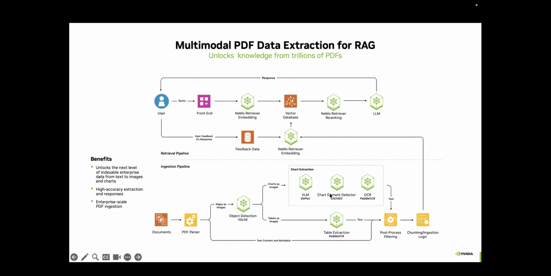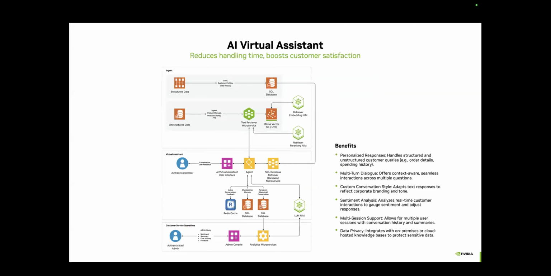So that's the RAG pipeline, which is mostly the base for blueprints. On top of that, we can take bits and parts from the RAG pipeline and create other use cases for other types of use. For example, the first one is the AI virtual assistant. I don't know if you can see this clearly, but basically the ingestion part is almost the same.